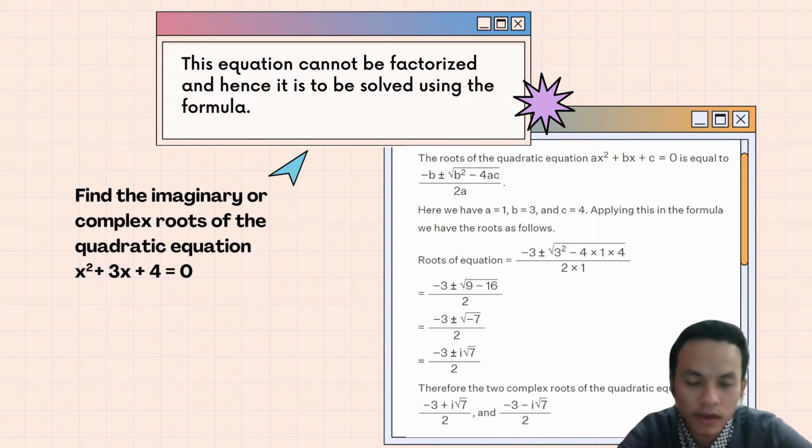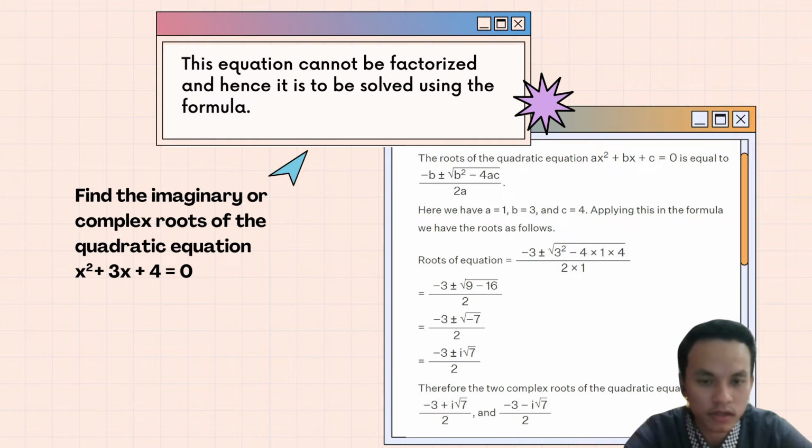Therefore, the two complex roots of the quadratic equation will be first negative 3 plus i times square root of 7, all over 2, and negative 3 minus i times square root of 7, all over 2.